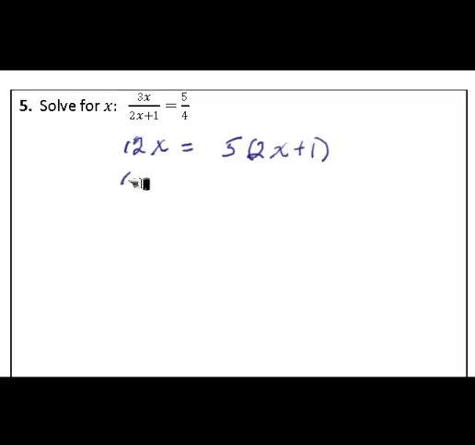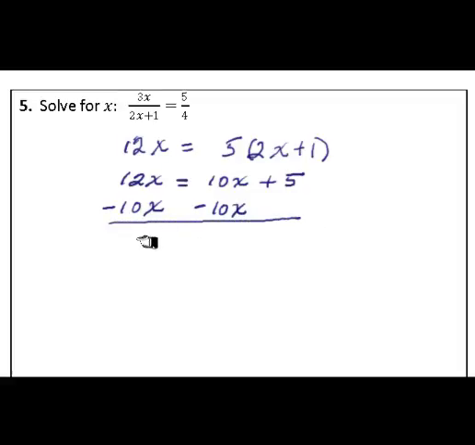So we have 12x is equal to 10x plus 5. Now we'll just subtract 10x from both sides. That'll gather together the x terms, and we get 2x is equal to 5, and finally just divide by 2. And we have x is equal to 5 over 2.